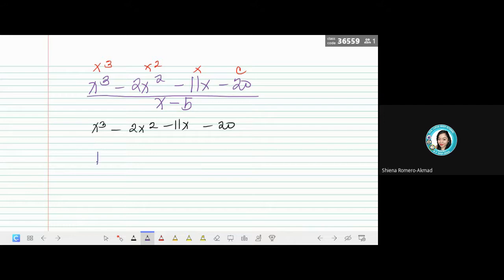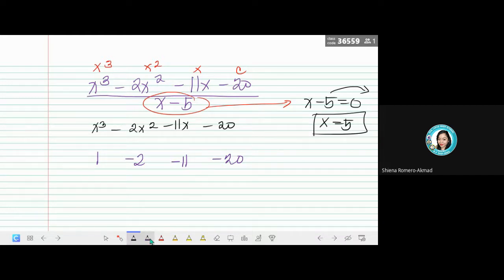Ito ay 1, ito ay negative 2, ito negative 11, negative 20. Next, get the value of x. So, from x minus 5, dapat ganito siya. X minus 5 equals 0. Transpose natin to, we'll have x equals positive 5. So, ang gagamitin natin ay positive 5.